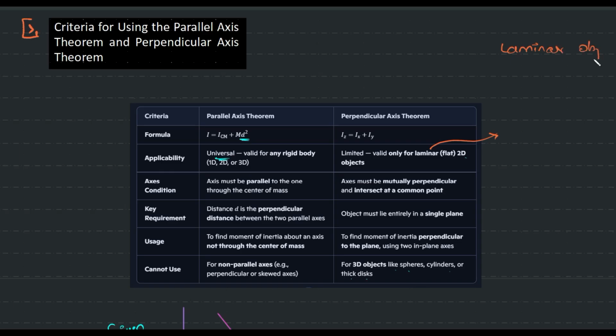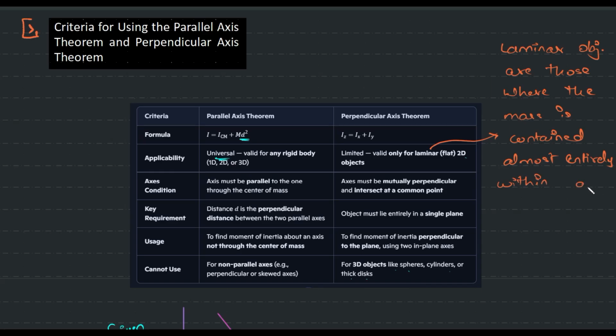Again, remember this: laminar objects are those where the mass is contained almost entirely within a single plane.